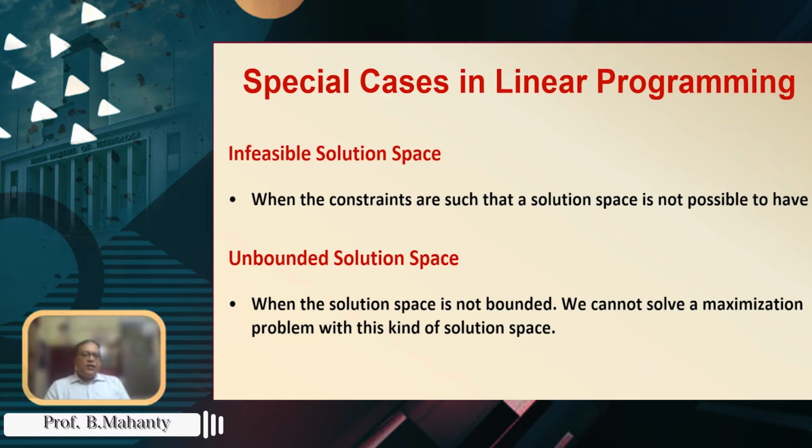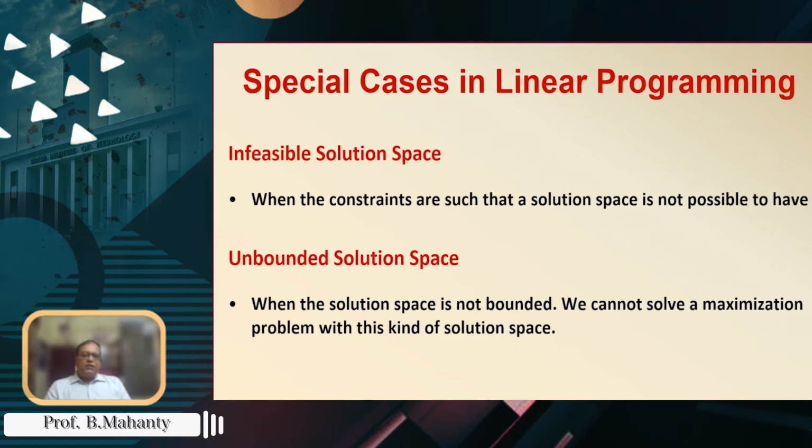In a sense, we say that the problem is infeasible and a solution is not possible. That means infeasible solution space. Now, how to understand that graphically? We shall see that there is no solution space, but how to understand it while solving the problem using the simplex algorithm? The fourth case is the unbounded solution space.